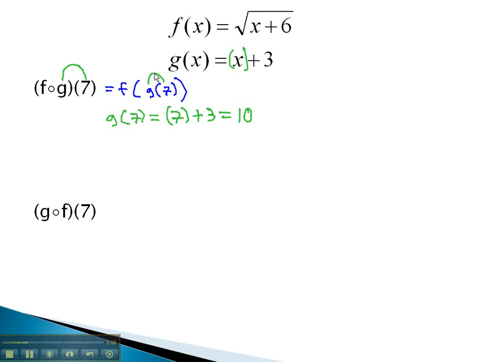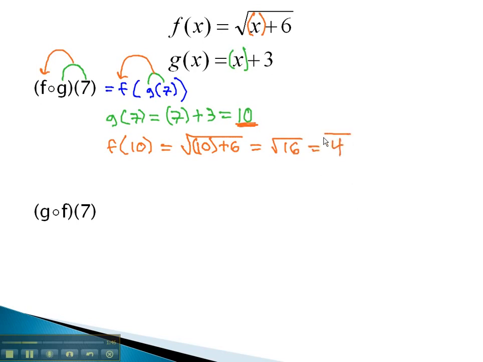Then what this wants us to do is plug the result into the f function. In other words, we plug into the f function the answer we came up with, 10. Replacing the x with 10 gives us the square root of 10 plus 6, or the square root of 16, which is 4. Our final answer for the composition f of g of 7 is 4.